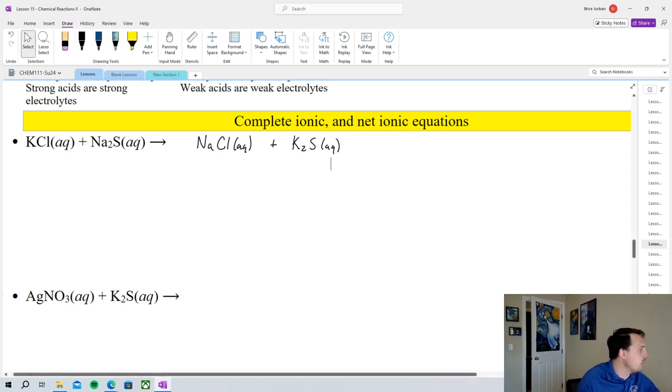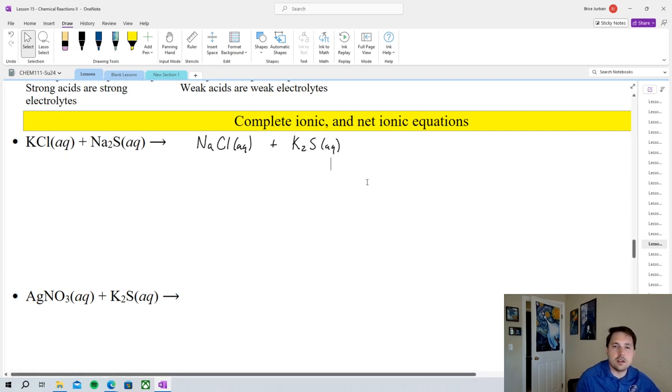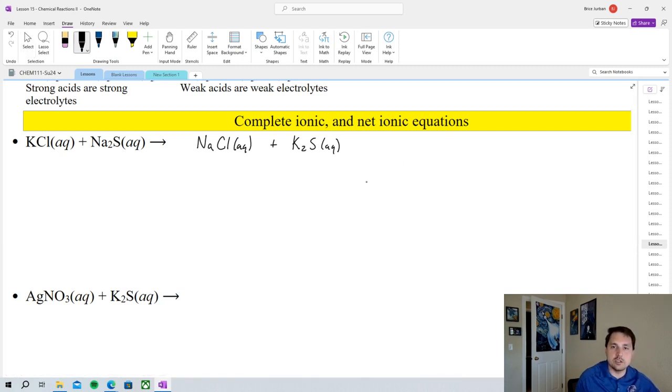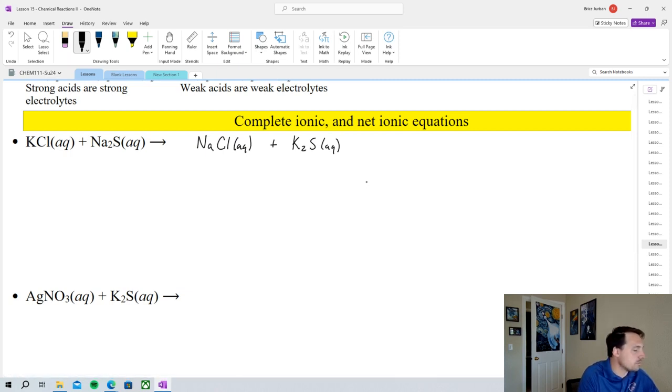So in this sense, we actually don't have a visible reaction. In the lab, we're only going to be able to notice a reaction if some compound comes out as a solid, or there's a color change. In this case, we're not going to be able to observe this, but nonetheless, let's write out the complete ionic equation. This is just the molecular equation.